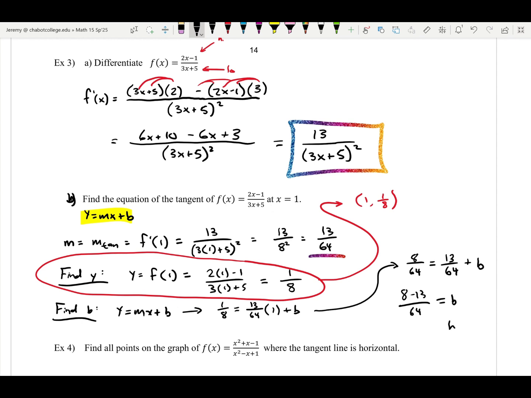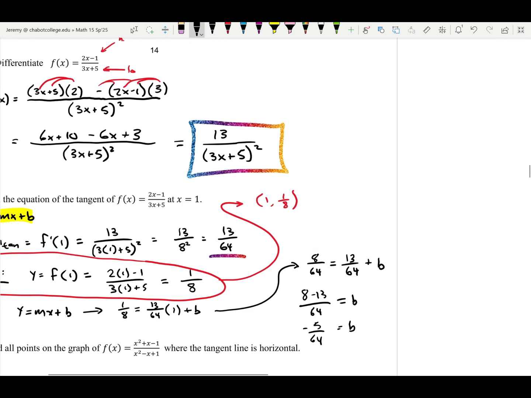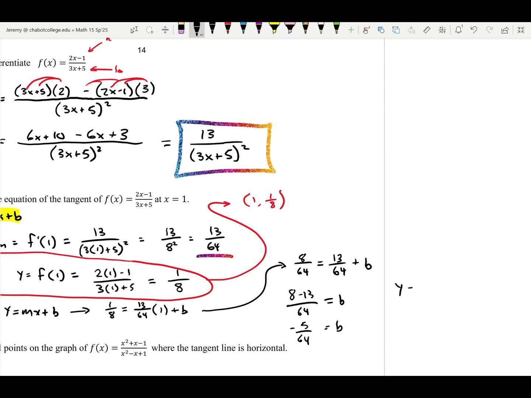And I'm getting that b is equal to negative 5/64. So our answer is going to be y equals m, which is 13/64, x plus b, which is going to be minus 5/64.